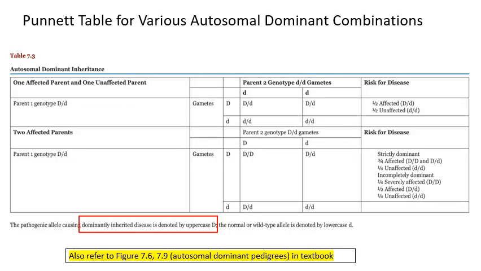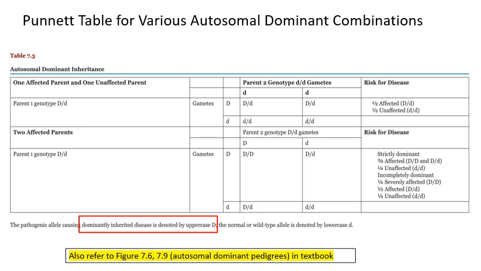So here's a Punnett table for various autosomal dominant combinations. Let's say that there is one affected parent and one unaffected parent, and you can see here. In autosomal dominant, uppercase is generally the affected genotype.